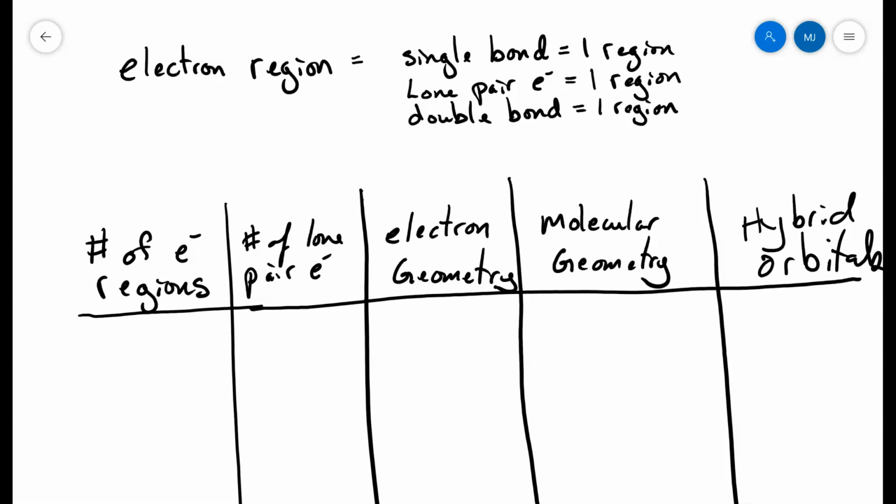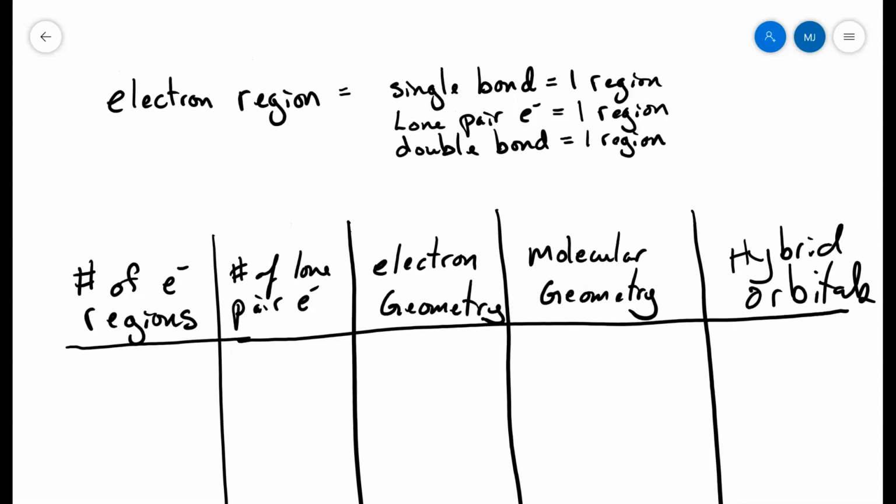So they act as a single repulsive unit in this valence shell electron pair repulsion theory. A double bond acts as a single repulsive unit of electrons. And the same goes for a triple bond. In the triple bond, they act as one region.